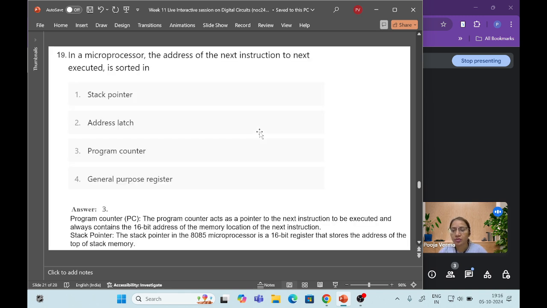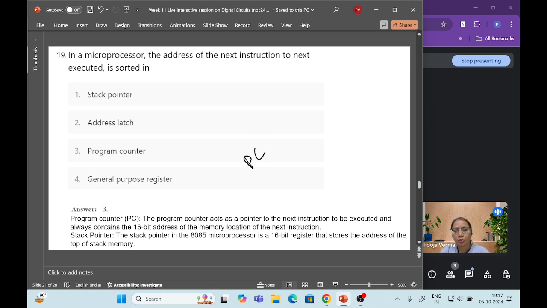The next question is: in a microprocessor, the address of the next instruction to be executed is stored in which register? Option 1 is stack pointer, option 2 is address latch, option 3 is program counter, and option 4 is general purpose register. We already know that the program counter acts as a pointer to the next instruction to be executed, holding the address of the memory location of the next instruction.